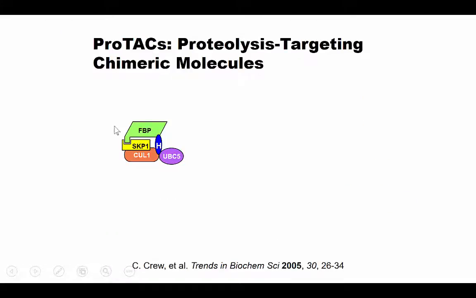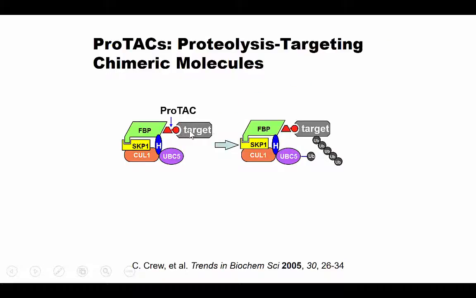Ubiquitination can be catalyzed by this complex, and by adding a dimerizer here, the so-called PROTAC, the target protein can bind here, then this machinery can automatically ubiquitinate this target protein. So that means you need to design this dimerizer. One side needs to bind to this machinery.